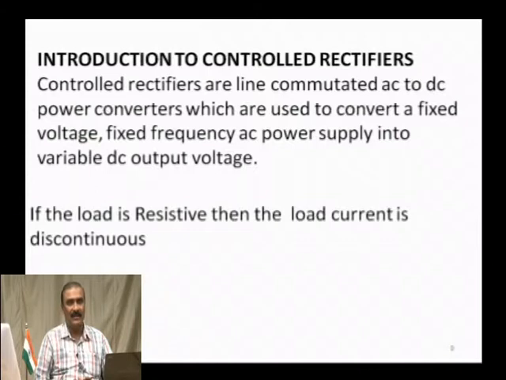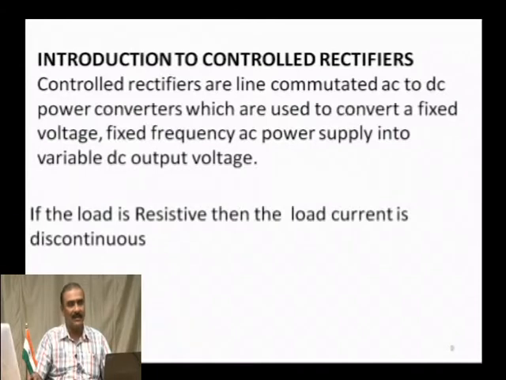Sometimes it will be continuous and sometimes it will be discontinuous. There are several aspects to discuss here, because once again it is a very complex part. So, only the required thing, that is only continuous load current, is discussed here. This is within the scope of the syllabus in fact.